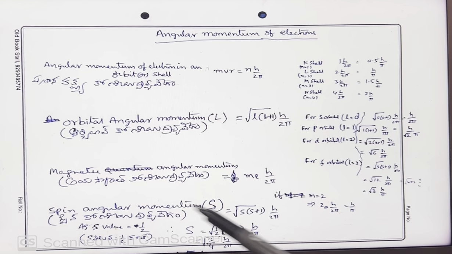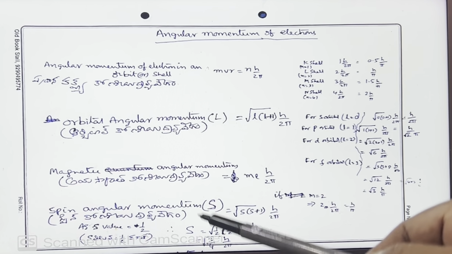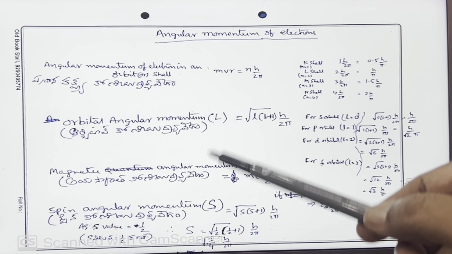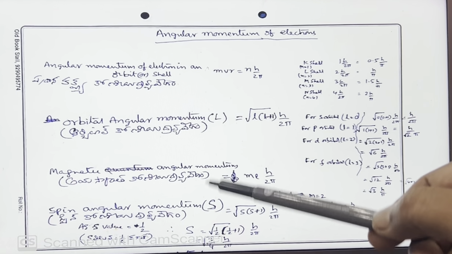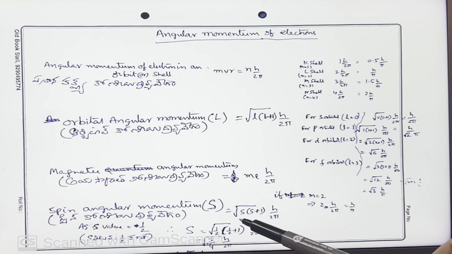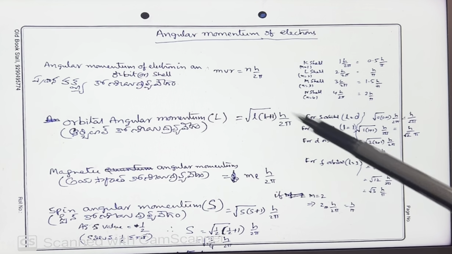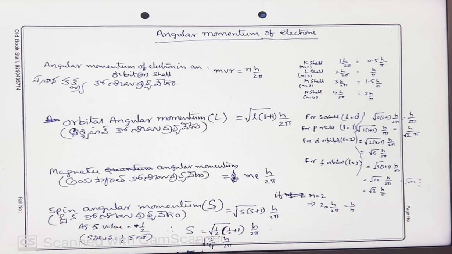Similarly, the spin quantum number gives the spin angular momentum, denoted by capital S. These two are very important for JEE or NEET purposes. Capital S is given as root over S into S plus 1, times h by 2 pi. For an electron, the spin angular momentum can be calculated using this formula.